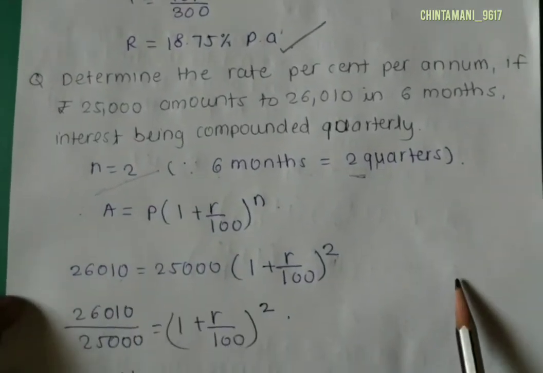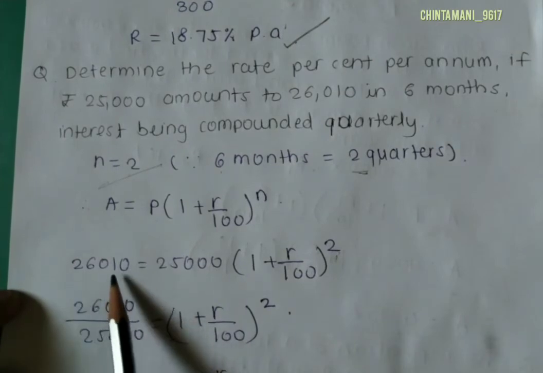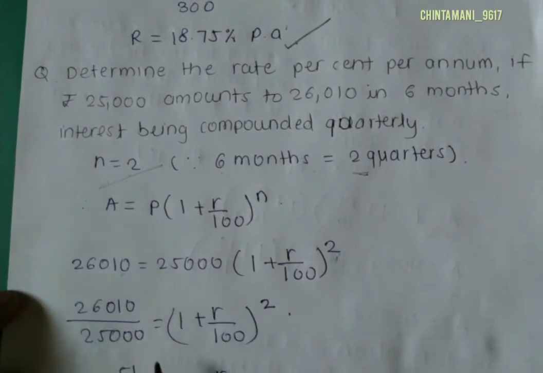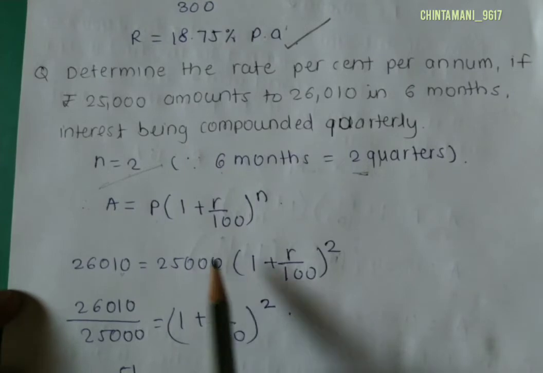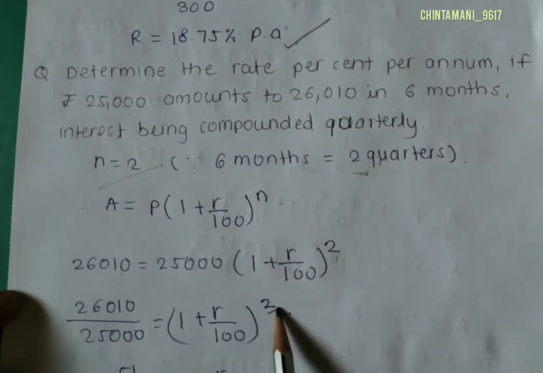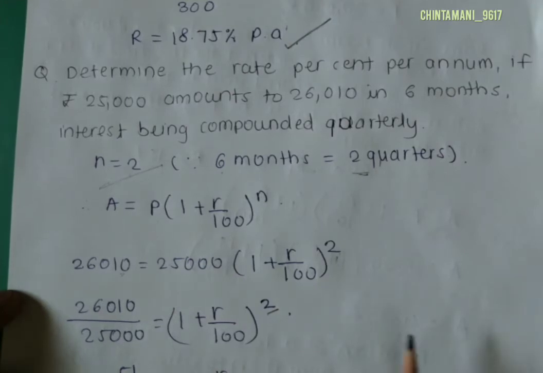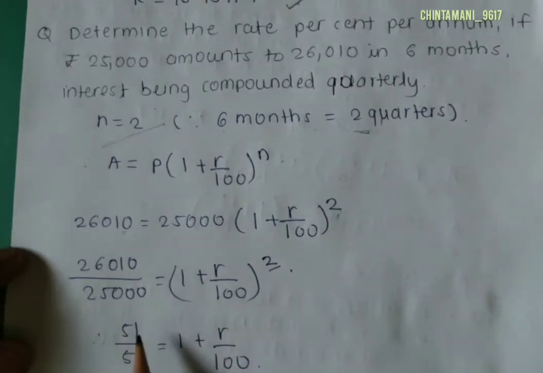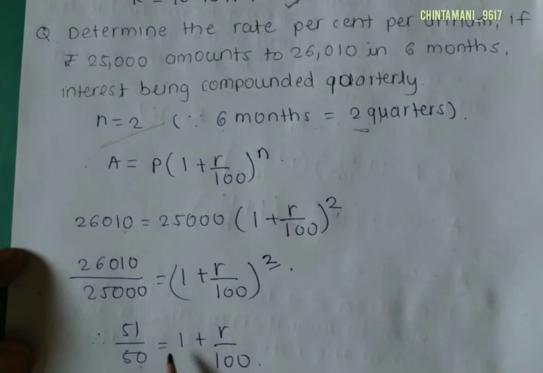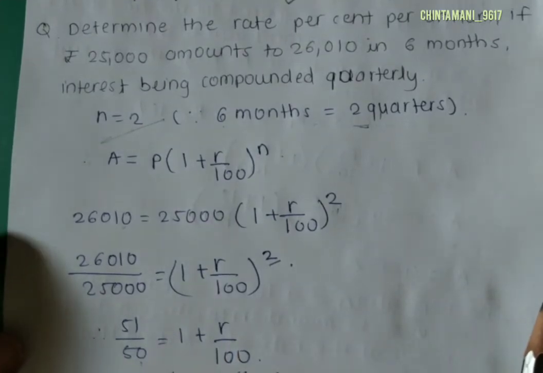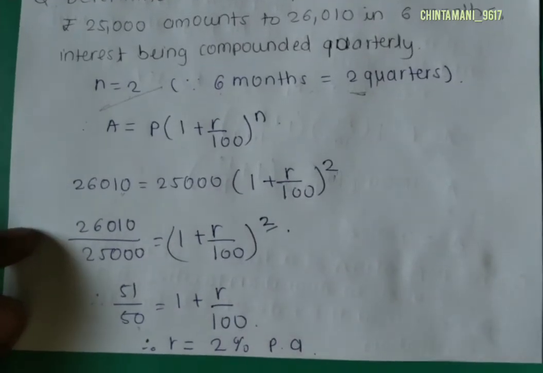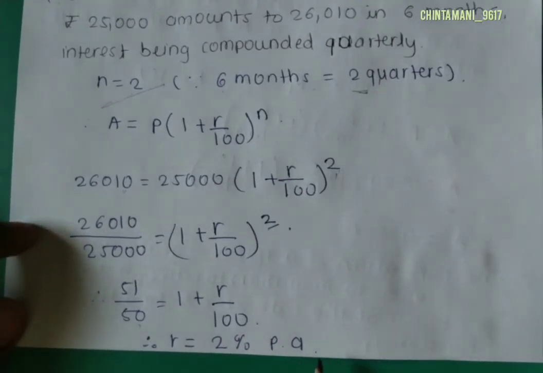We divide 26,010 by 25,000 and take the square root, since we have a square here, we have to nullify that. The answer will be 51 by 50 is equal to 1 plus R by 100. Then the rate for this is 2% per annum.